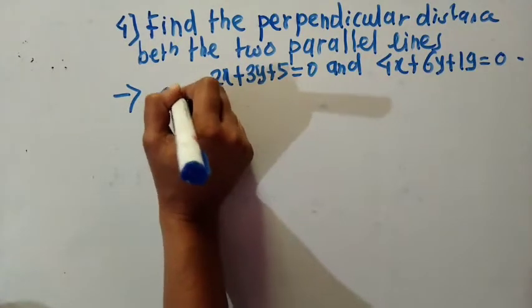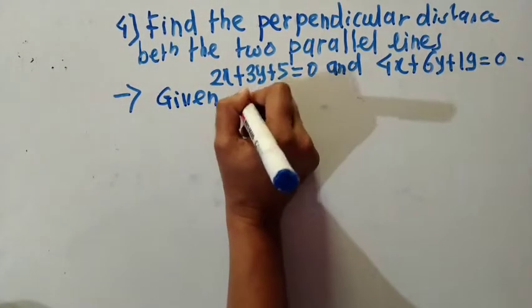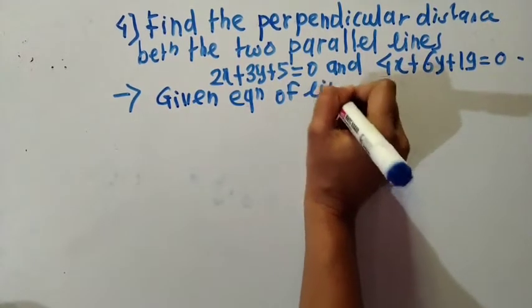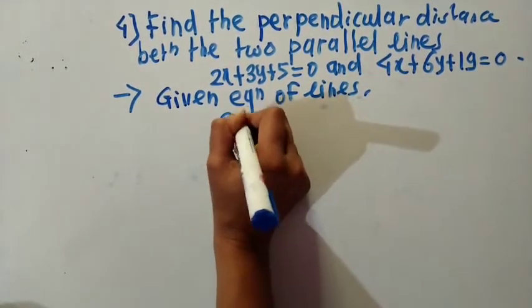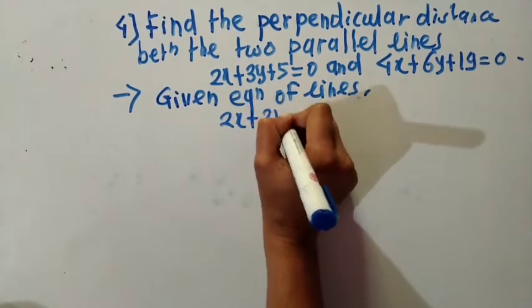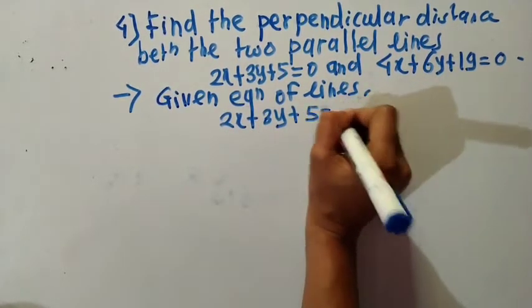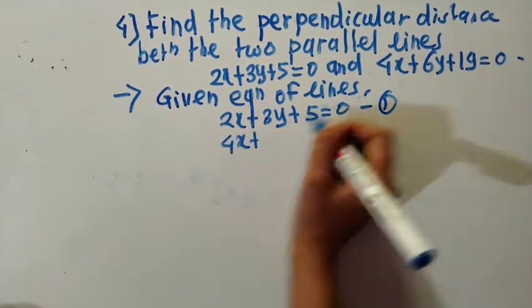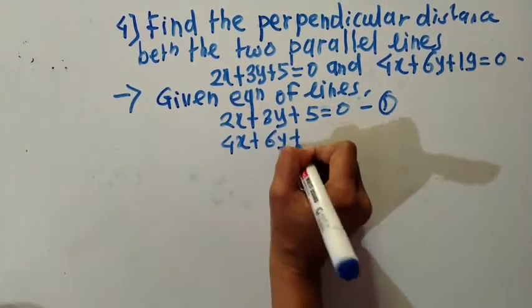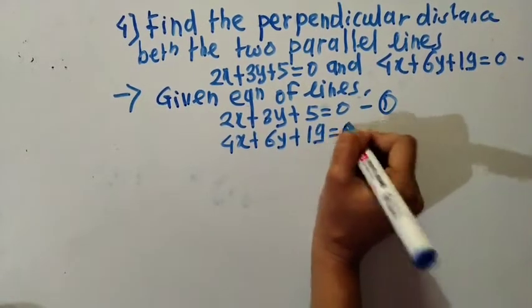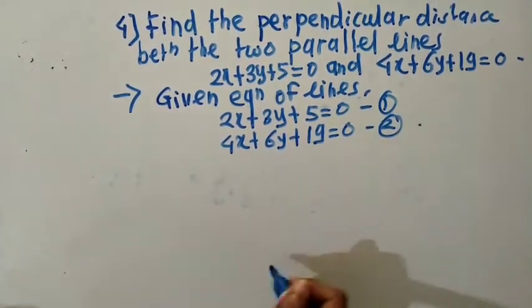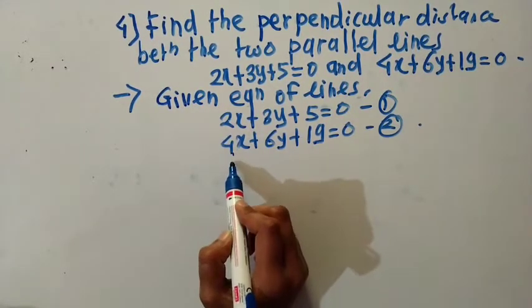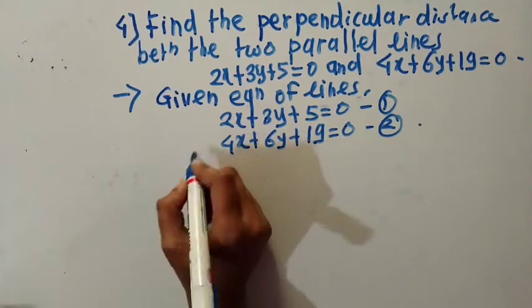So first, the given equations of lines are 2x + 3y + 5 = 0 and 4x + 6y + 90 = 0. Here we multiply, dividing by 2.